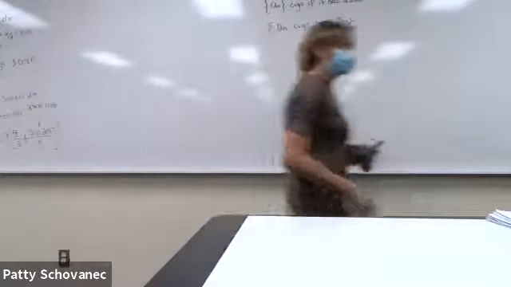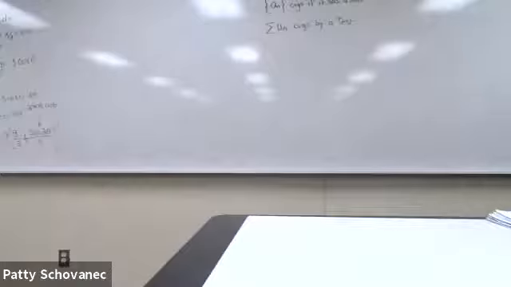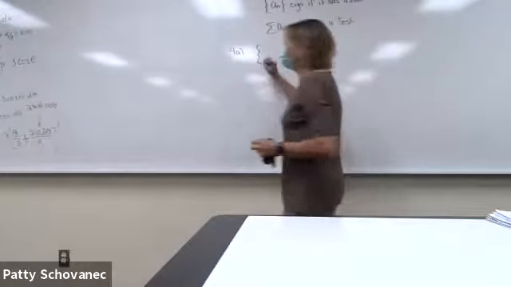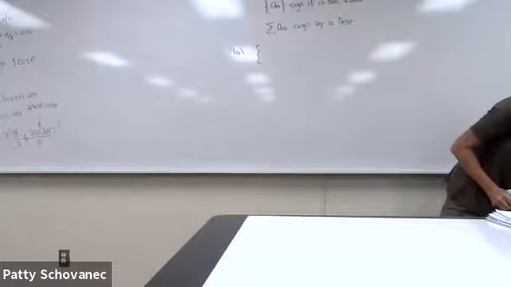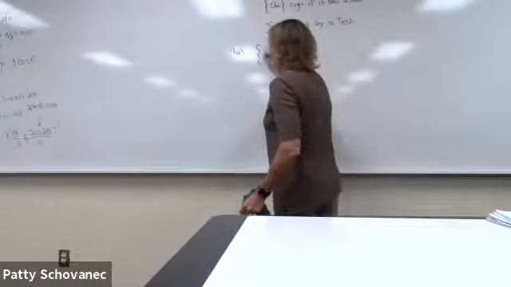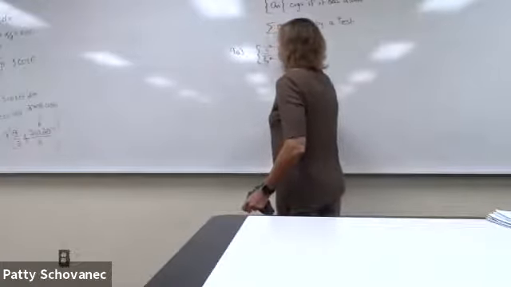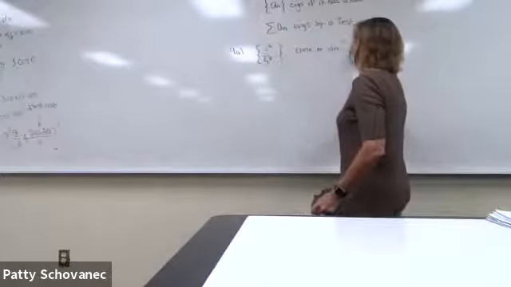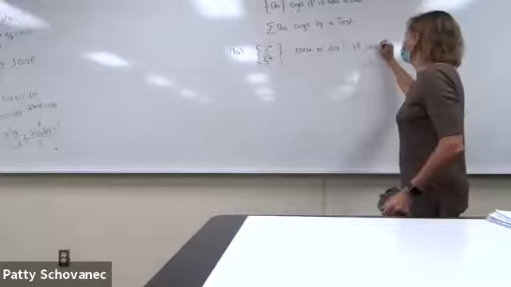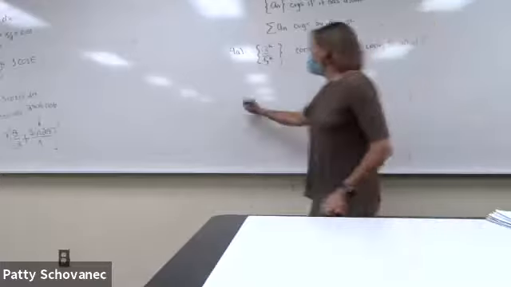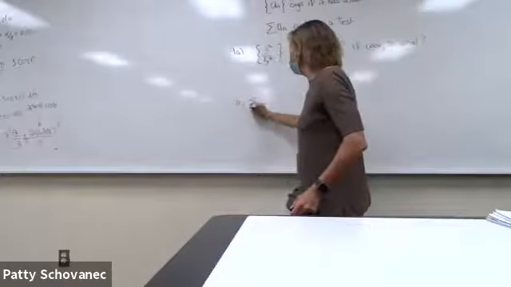And so for this next problem here, you're asked if the sequence 3 to the k over 5 to the k converges, and if so, to what? And the same thing with that as part of a series.